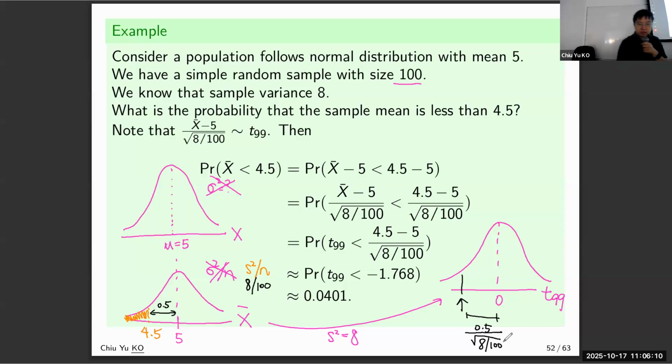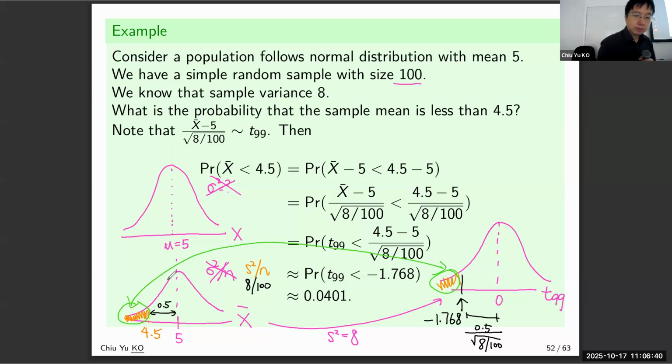You can use the calculator, and this turns out to be negative 1.768. And once you check, this area is the same as this area. They're the same. We want to look at the distance from the center.